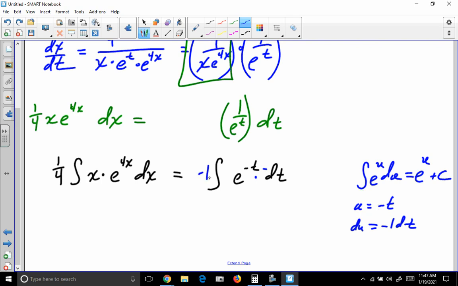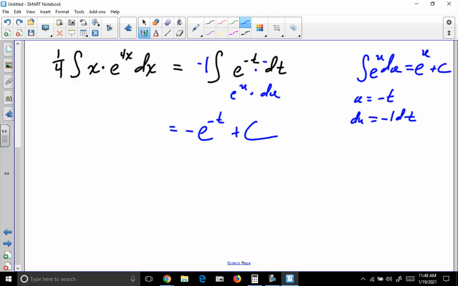Or we could, if we divide by -1 out front, 1 divided by -1, that's still -1. So this is just e to the u, and that's du. So we integrate that, we get negative e to the u plus c. So that takes care of the right side.